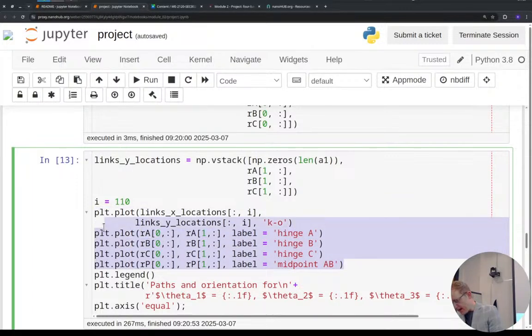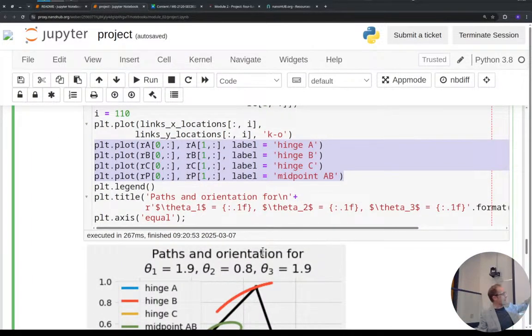And then for that given point in time, RA0 is all the X positions, RA1 is all the Y positions. So I'm plotting the path of what happens over time for hinge A, B, C, and then that midpoint E.